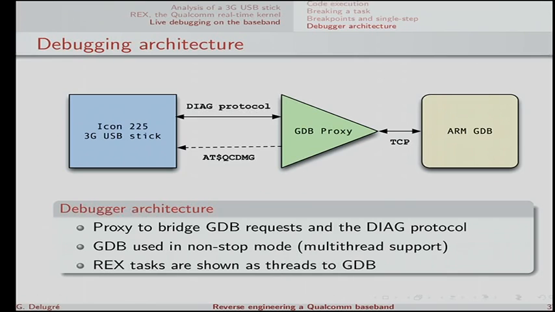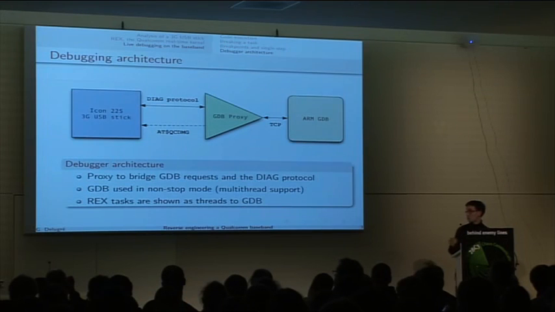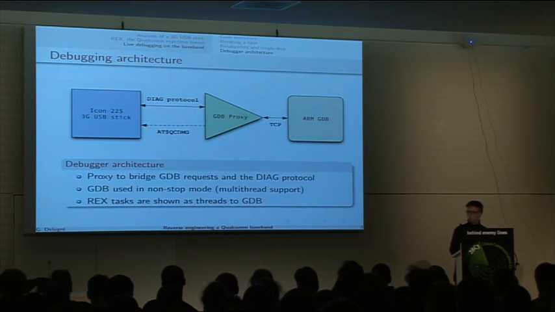You are communicating over the diagnostic protocol, so you need some kind of a proxy to put the GDB requests into your protocol. You can also show each task of the operating system as a thread in GDB. This way you can reuse the multi-threading features of GDB to debug the baseband.